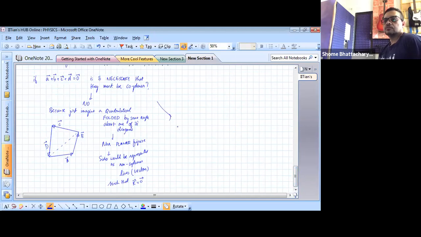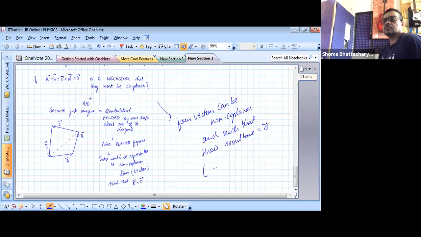So 4 vectors can be non-coplanar and such that their resultant is equal to 0.